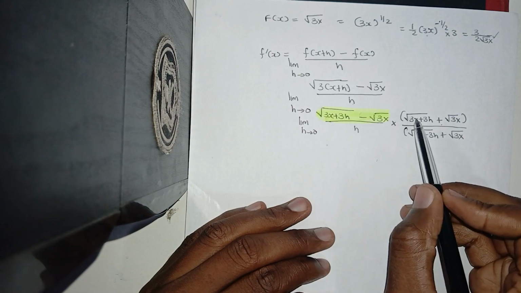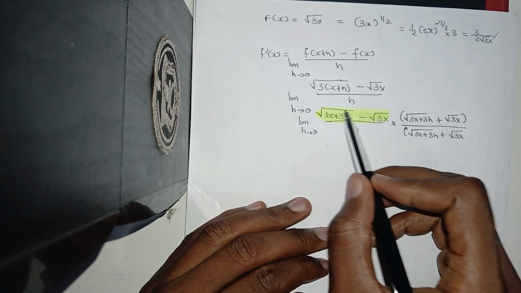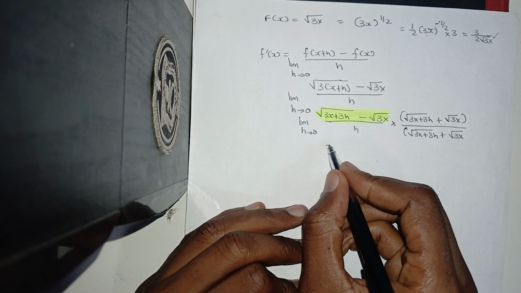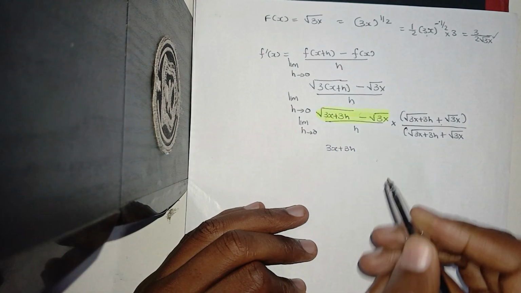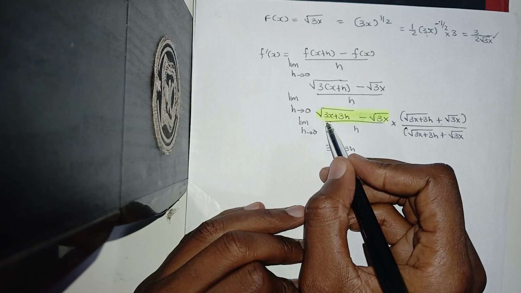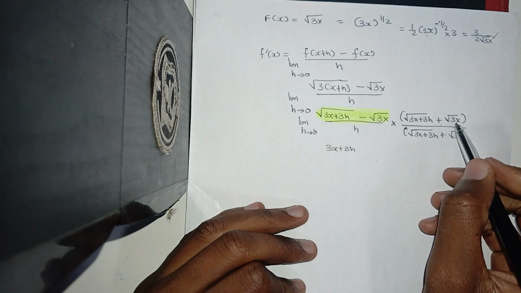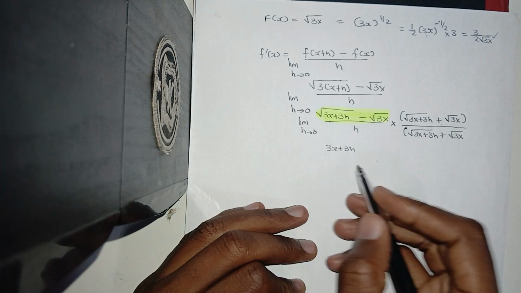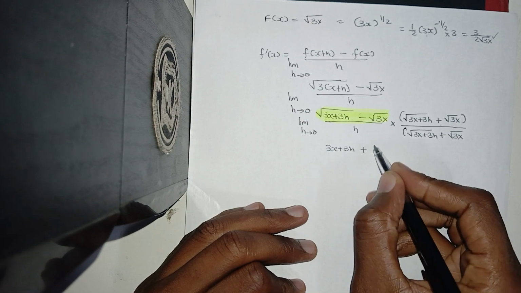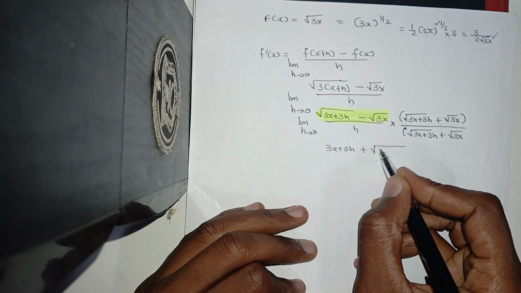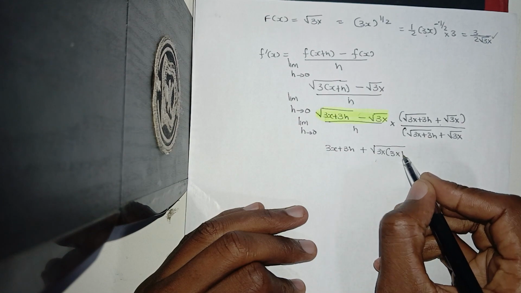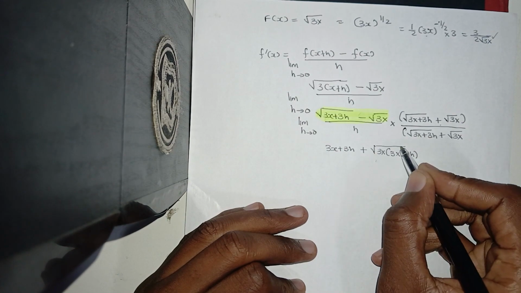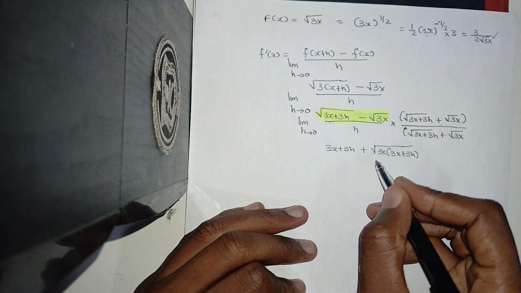Now this multiplied by this just takes away the square root. It's just going to be 3x plus 3h. Then root of 3x plus 3h multiplied by root of 3x, plus root of 3x plus 3h multiplied by root of 3x. We're just multiplying them, it's the same thing.